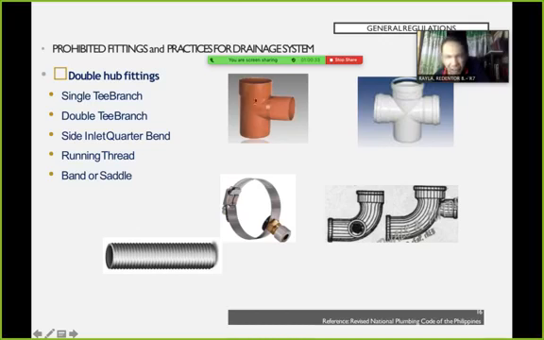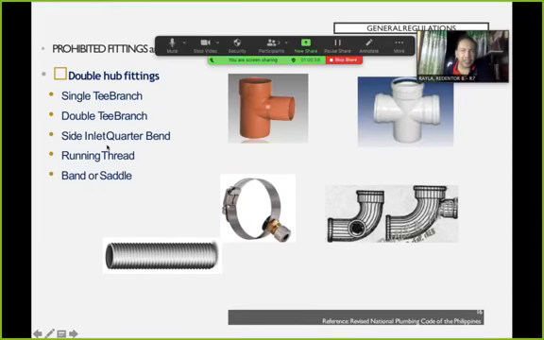So dito iba, yung isa walang hub, no? So, double hub. Single T branch. Yan, T branch, single T. Double T branch. Yan, mga double T, ganyan, no? Side inlet.